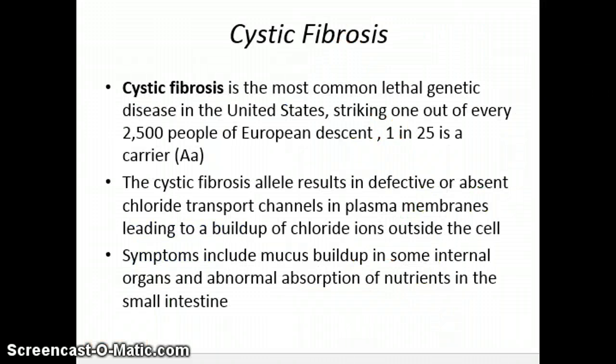Okay, so now on to cystic fibrosis. Cystic fibrosis is the most common lethal genetic disease in the U.S. It strikes people of European descent, and 1 in 25 people of European descent is a carrier, which means they're heterozygous. So the cystic fibrosis allele is a defective allele which causes there to be an absence of chloride transport channels in the plasma membrane.